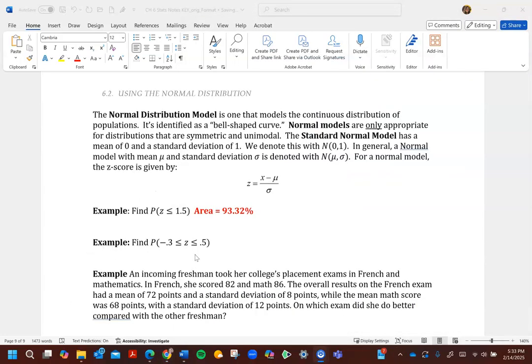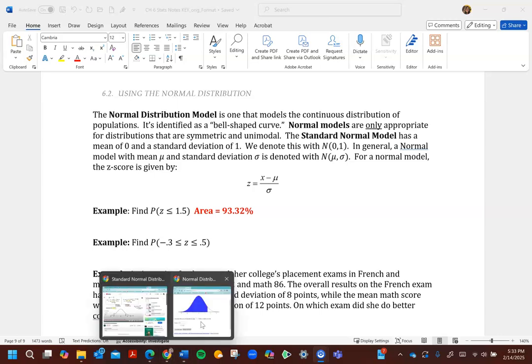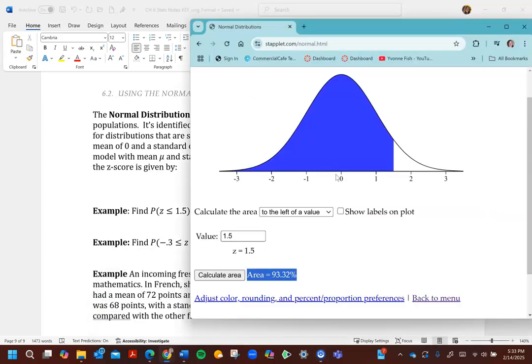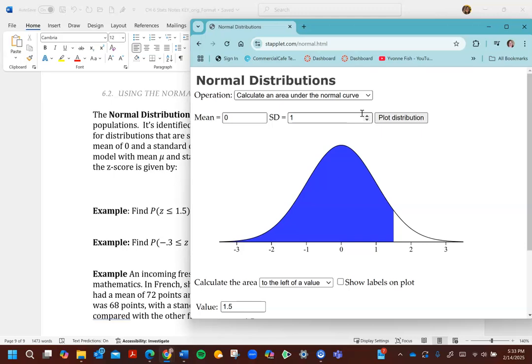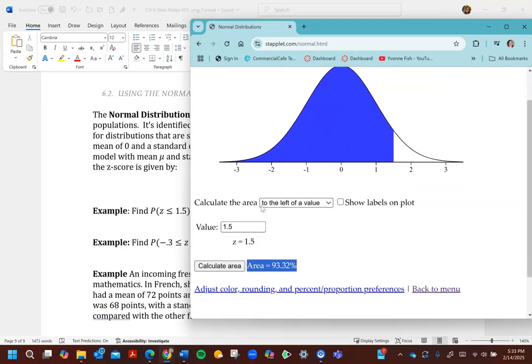Here's another example that you could try on your own or do along with me. If you want to do it on your own, just pause the video. But we have a z-score between negative 0.3 and 0.5. So we can just go into Staplet. We already had our mean set to 0 and standard deviation to 1.